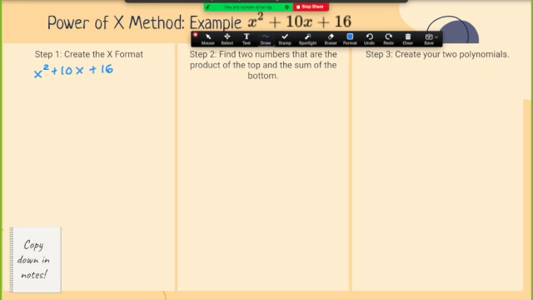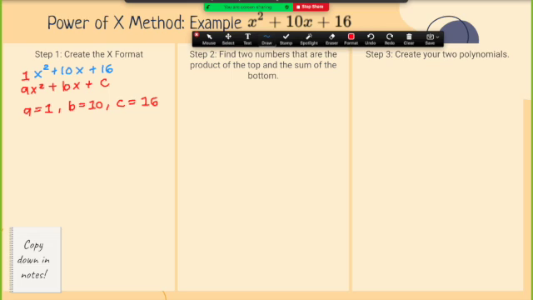And then underneath, I'm going to put down the ax squared plus bx plus c. Now remember that whenever there isn't a number next to a variable, we can always say that there's an imaginary one here. So we know that a is equal to, sorry, 1, our b is equal to 10, and our c is equal to 16.